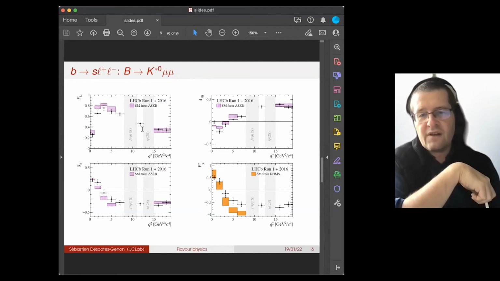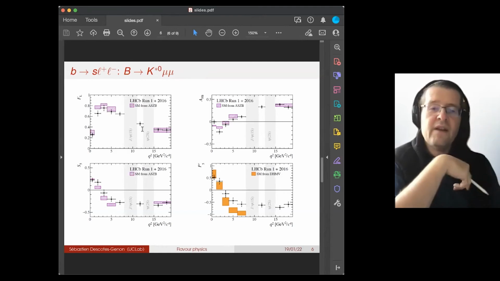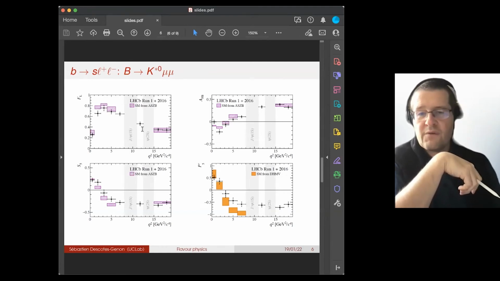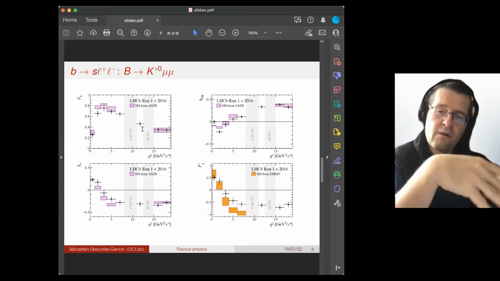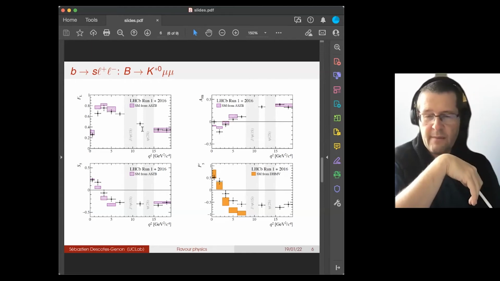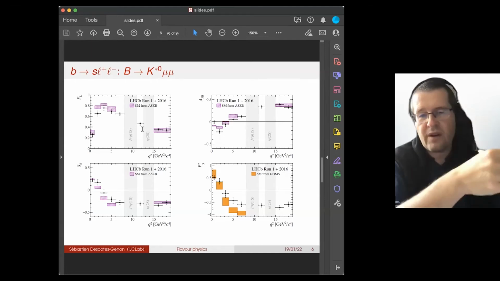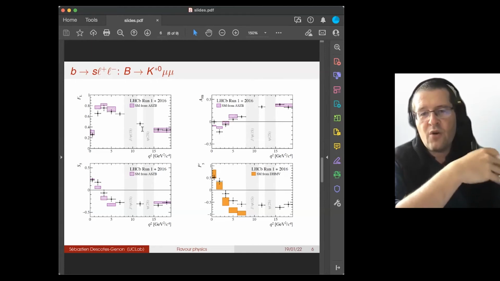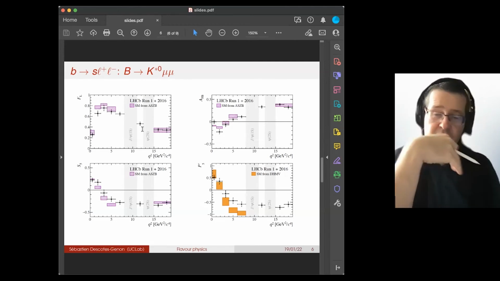So for P5 prime, you can see in a heightened way the discrepancy between theory and experiment. And you see that as you increase slowly Q squared, so I remind you Q squared is the dilepton invariant mass, that corresponds to a lower recoil for the K star.